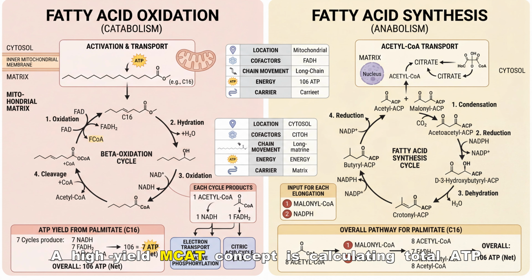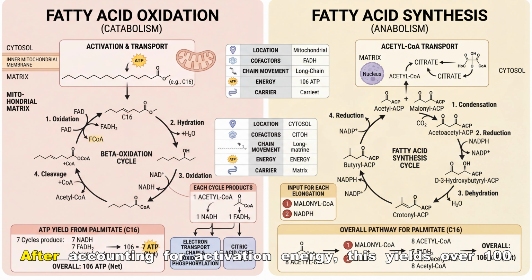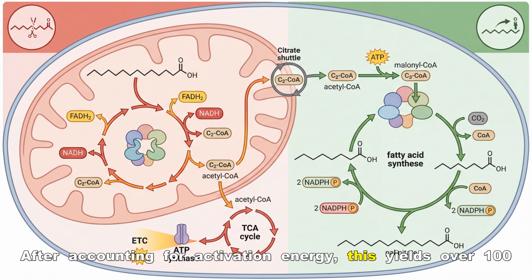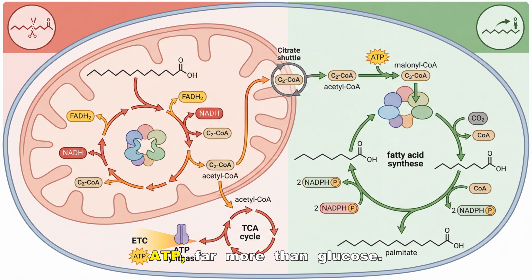A high-yield MCAT concept is calculating total ATP yield. For example, palmitate, a 16-carbon fatty acid, undergoes 7 cycles of beta oxidation, producing 8 acetyl-CoA, 7 NADH, and 7 FADH2. After accounting for activation energy, this yields over 100 ATP, far more than glucose.